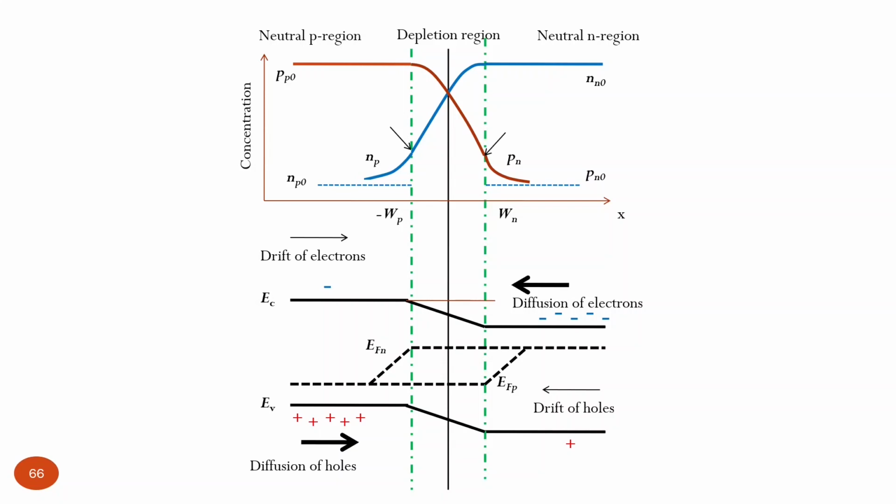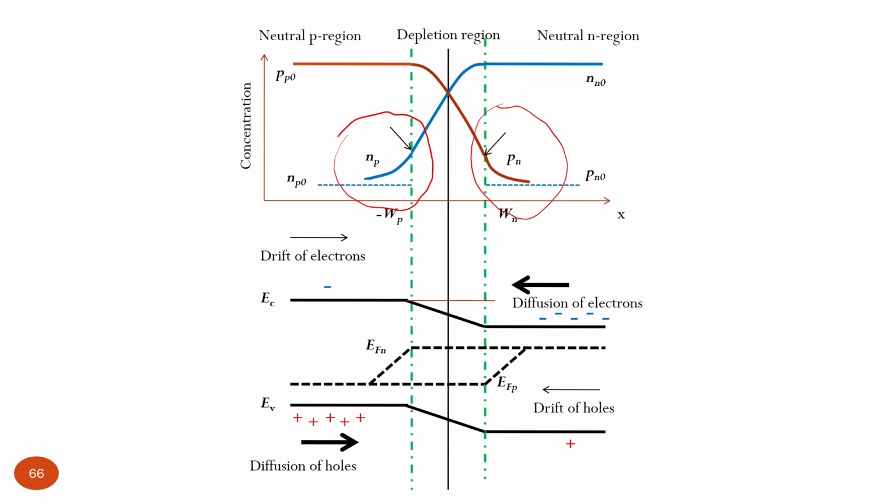So we have certain quasi-Fermi levels because we push the system out of equilibrium condition. And also we get some charge carrier concentration profile for minority charge carriers in the respective regions.